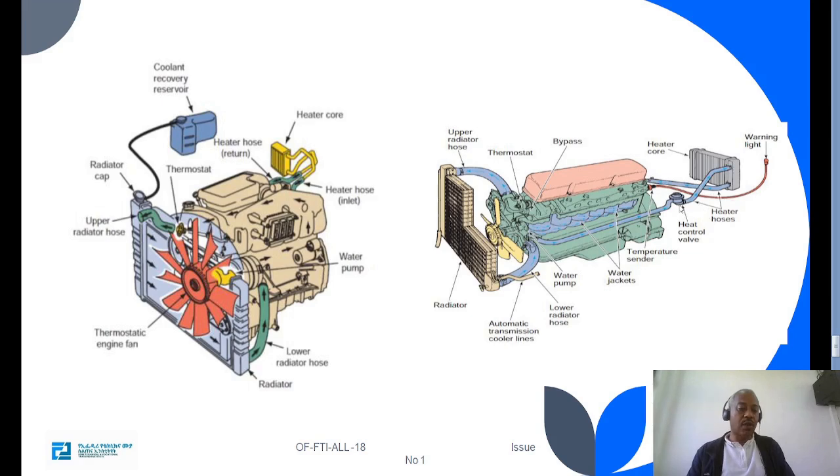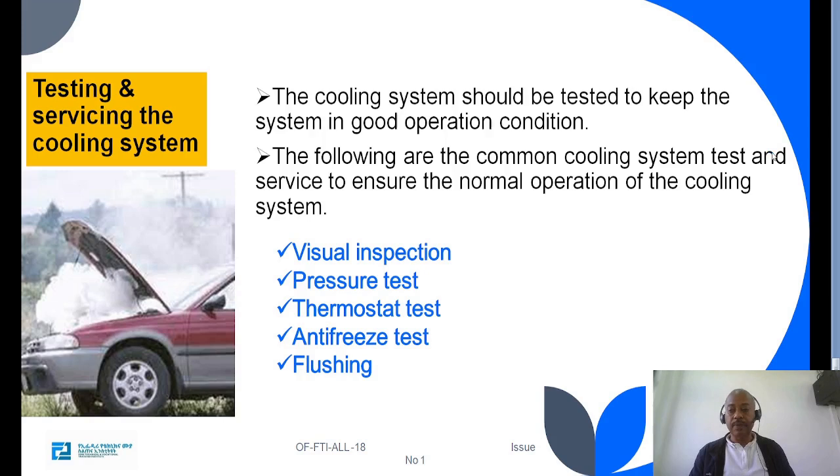And there is a heat control valve, heater hose and the heater core, and this one is also a heat exchange device. And there is an engine temperature sensor, so the warning light is sent to the dashboard unit.